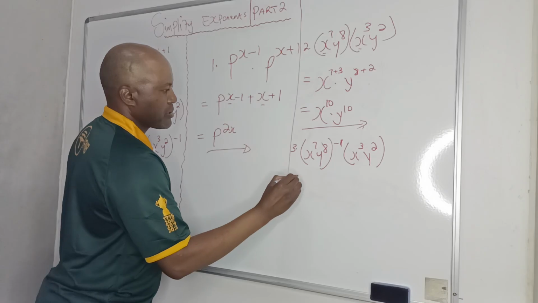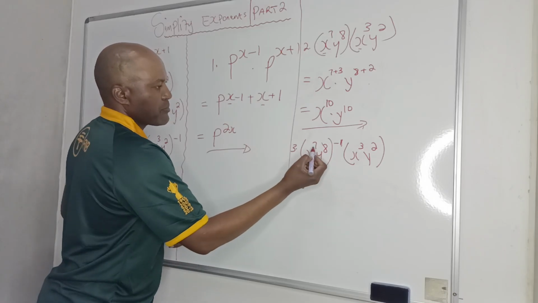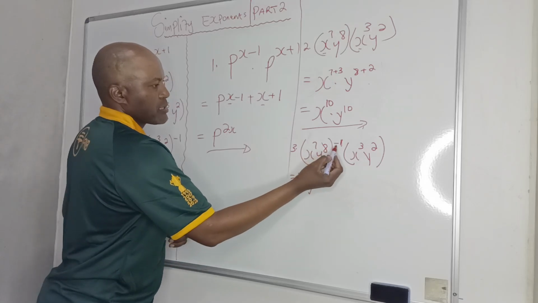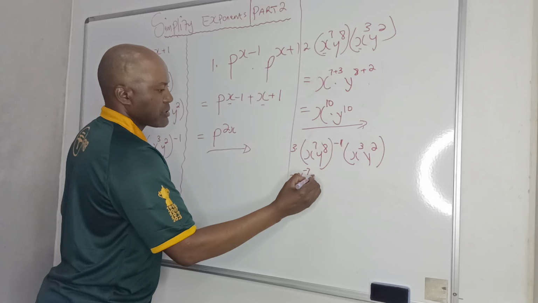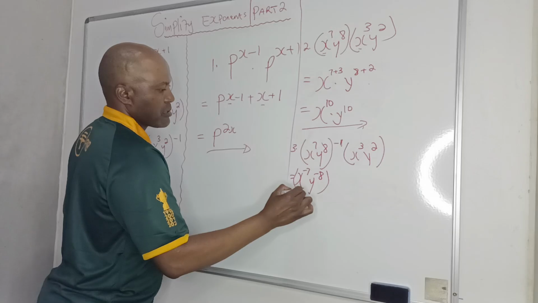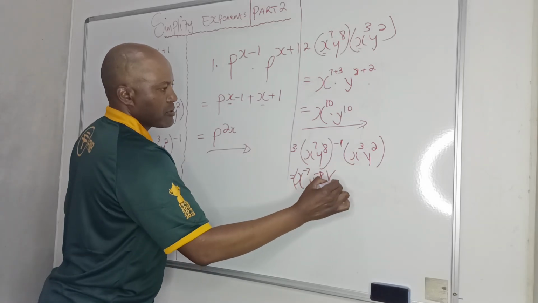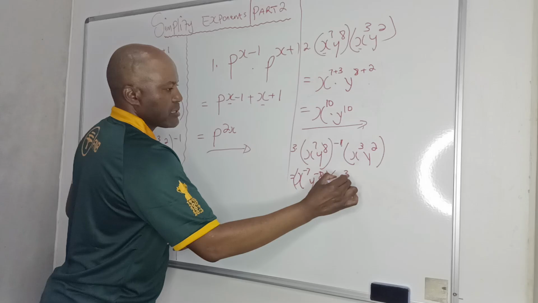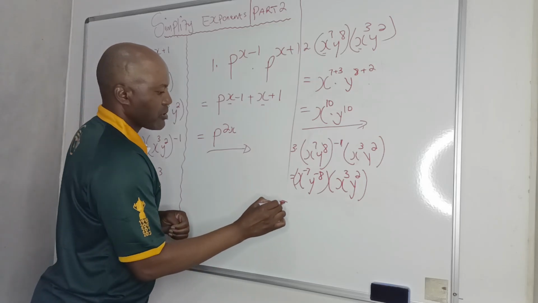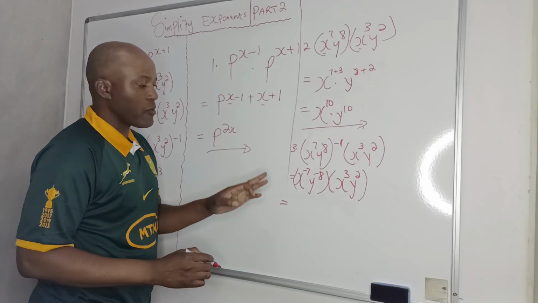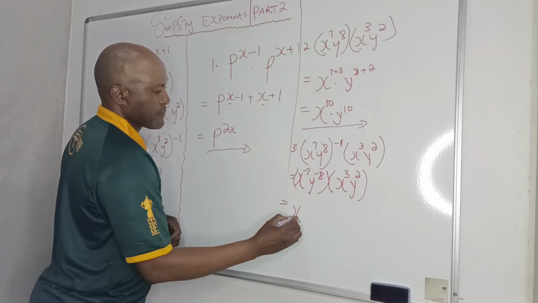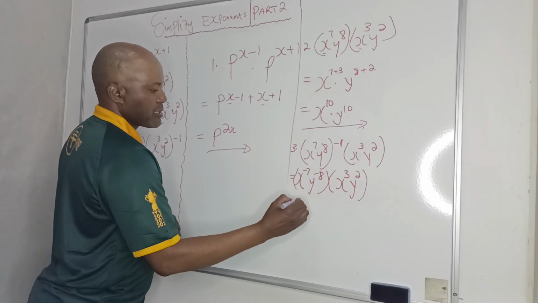So I keep the base and say -1 by 7, I get -7. I keep the base, -1 by 8, I get -8. Then I close the brackets, and those other ones I keep as they are. Now I'm going to apply rule number 1. Bases are the same, x and x. I take one x and add the exponents.